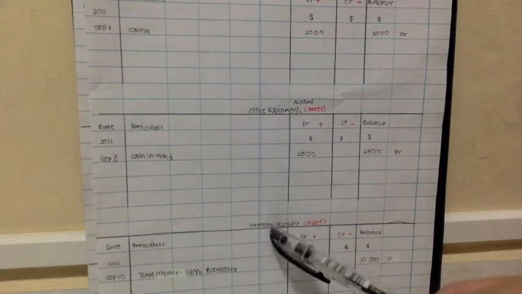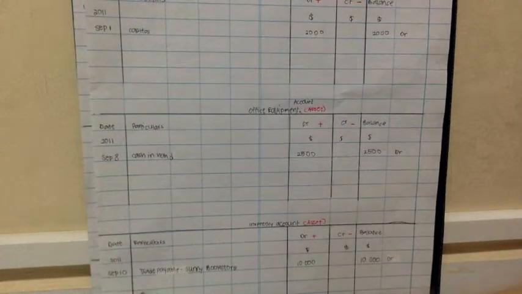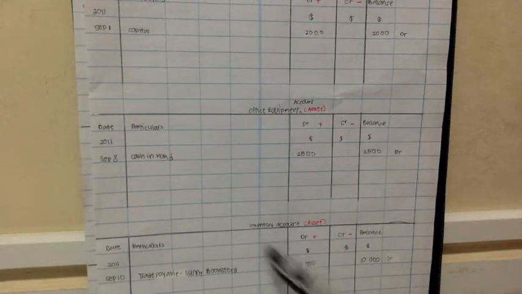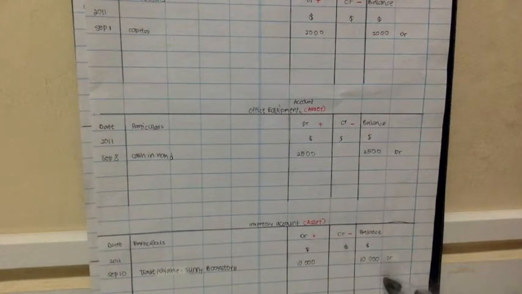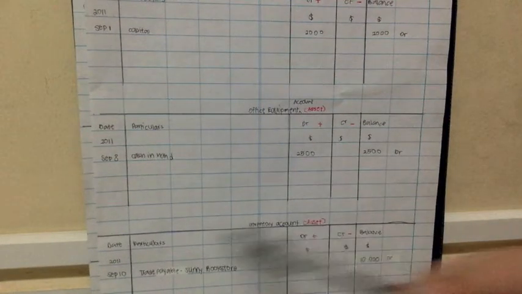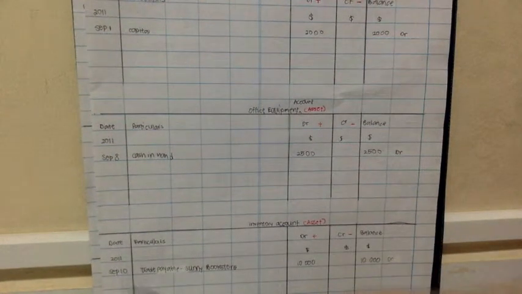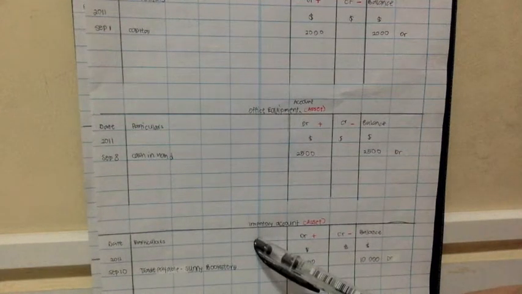And for the inventory account, okay, it is created because on September the 10th, they actually bought inventory. So debit 10,000, having a 10,000 debit, okay, for inventory account on 10 September. And for particulars, it will then be trade payable because they use trade payable to pay for the inventories.